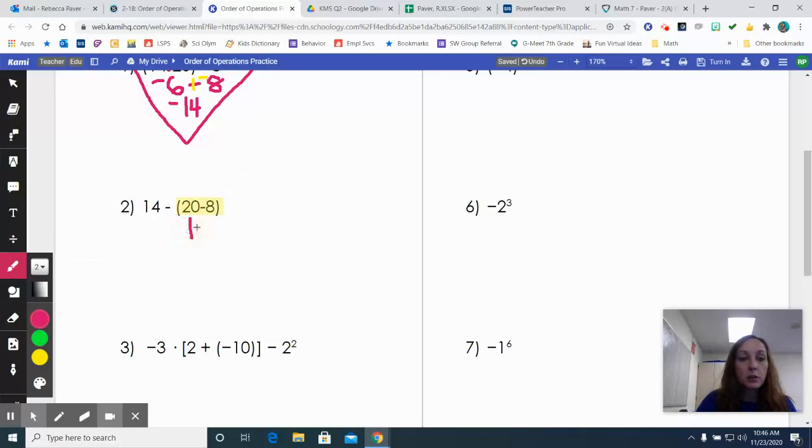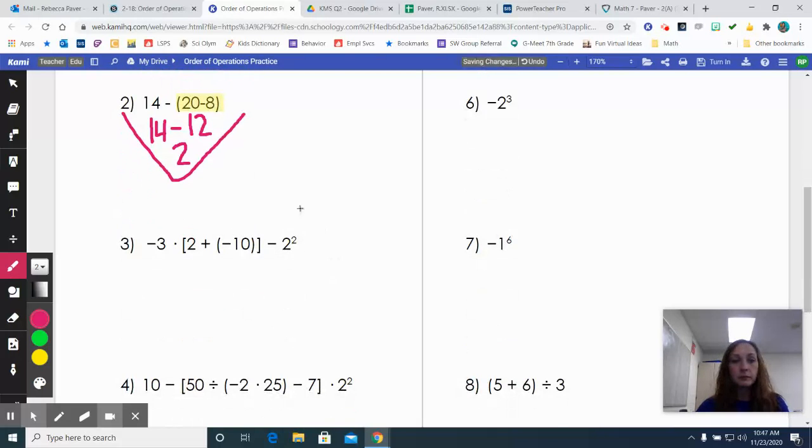I know that that is 12, so I'll write the answer to that part of the problem directly underneath that part, and I'll recopy everything else exactly where it is, how it is. So the 14 minus actually goes out in front of 12 because it was in front of that part of the problem. Now we've just got 14 minus 12 to solve, which is 2. There's my upside down triangle, a smaller one, but it is still there.